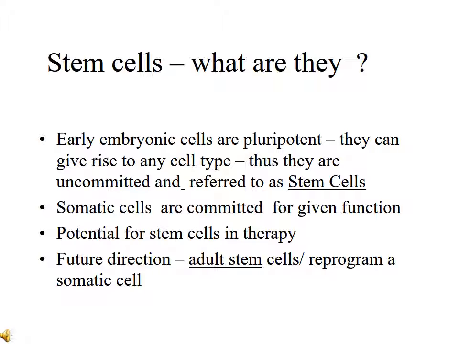Since every cell has all the information necessary to form any potential cell, even adult cells might be triggered to regress and become stem cells. So much work is being done trying to take adult cells and trigger them to become stem cells.